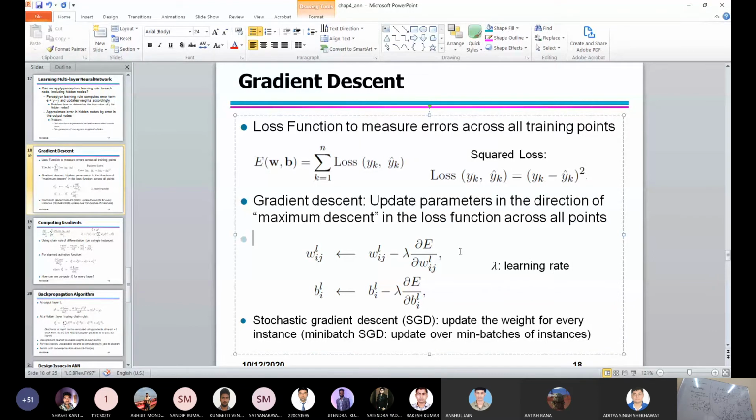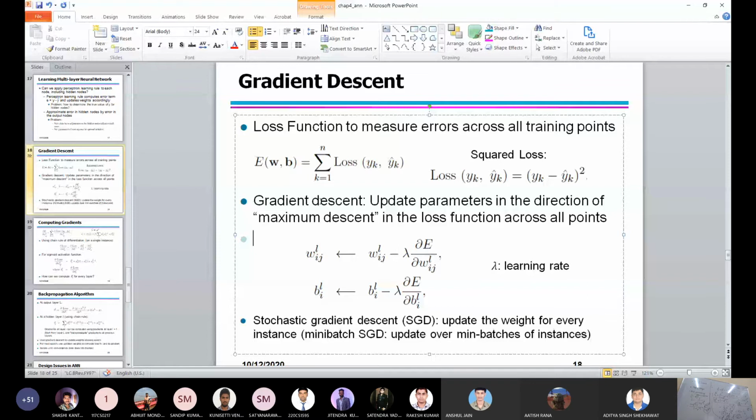Weights will be updated in a direction where the gradient is negative, so therefore this negative term is coming. That is why the name is gradient descent. There is another technique called gradient ascent.